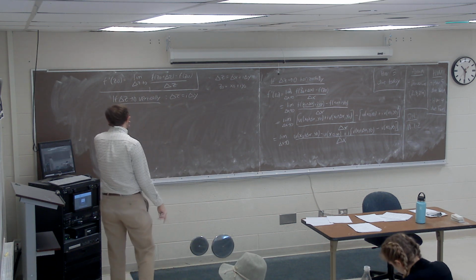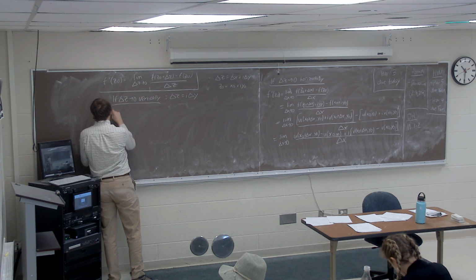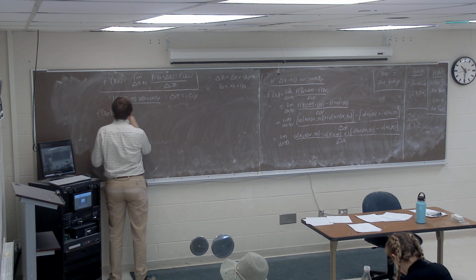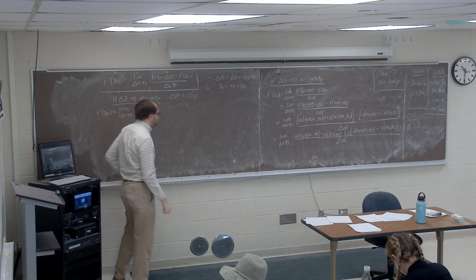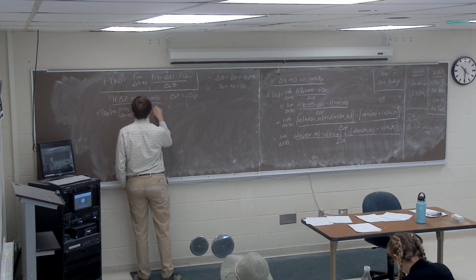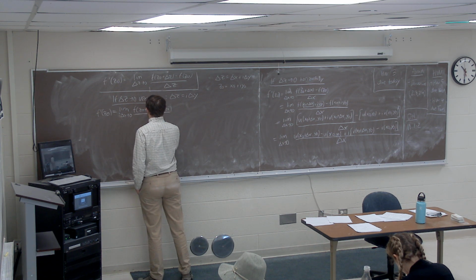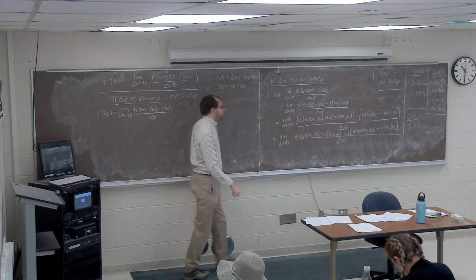So if we look at this, what we'll find is that f prime of z naught should be the limit as i delta y goes to 0 of f of z naught plus i delta y minus f of z naught all over i delta y.